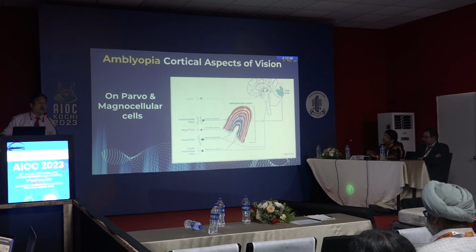Again, there is a crossing of nasal and temporal. Nasal crosses, temporal doesn't cross. So these are all dichotomous processes which happen in the brain for vision. Now, if it didn't happen, then we would not have had binocular single vision at all.